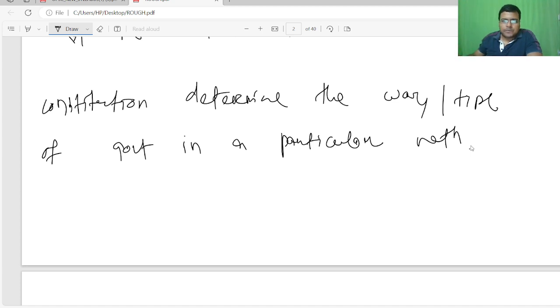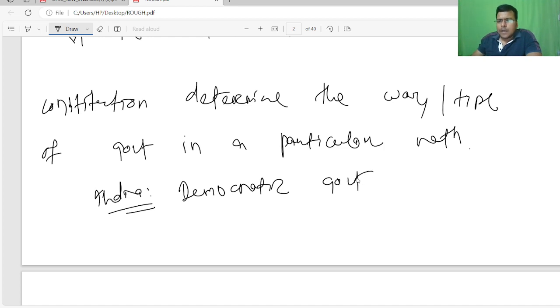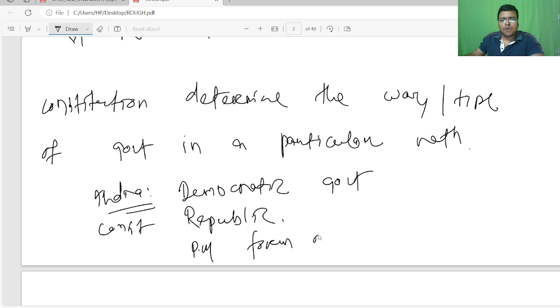For example, in India, we have democratic government. We have a republic. So this is the Indian Constitution. It determined that we are a democratic government, we are a republic, and we are a prime ministerial form of government.